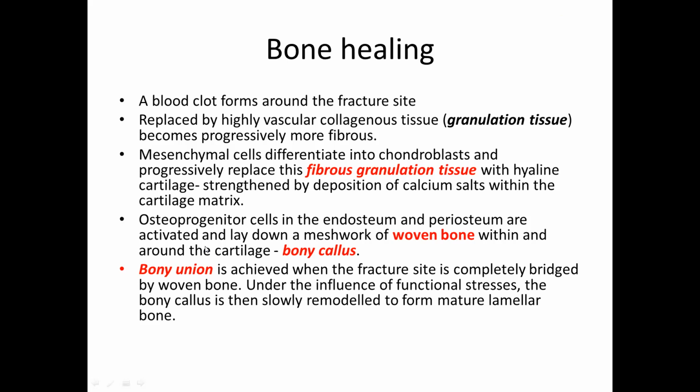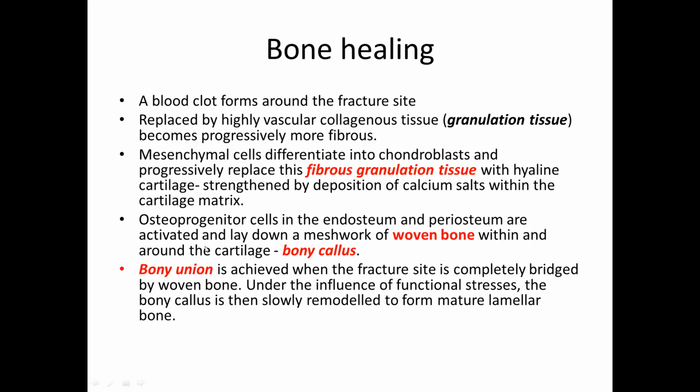Then osteoprogenitor cells in the endosteum and the periosteum will get activated and lay down a meshwork of woven bone within and around this cartilage. And this part will be called the bony callus.